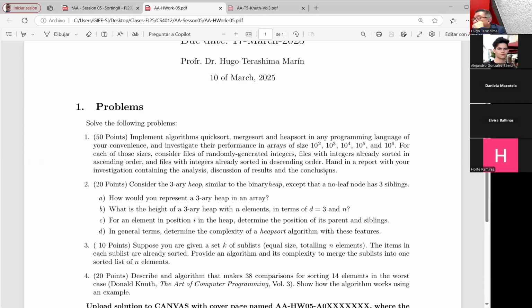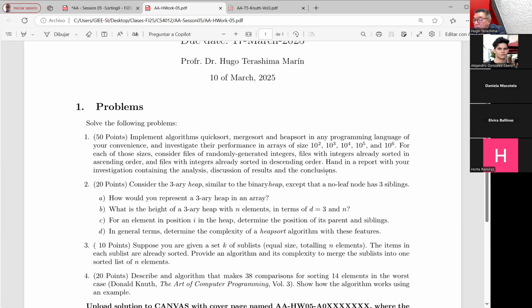For each of those sizes, consider the files of randomly generated integers, files with integers already sorted in ascending order, and files with integers already sorted in descending order, right? Try some unsorted arrays. Hand in a report with your investigation containing the analysis, discussion of results, and the conclusion. So that is a small implementation work, and then the report.